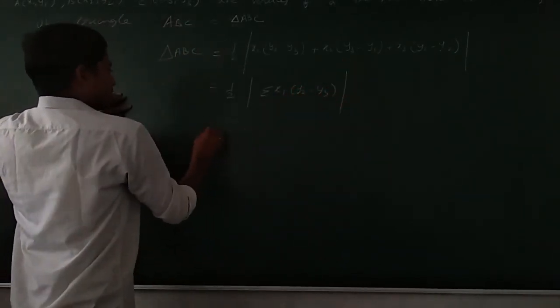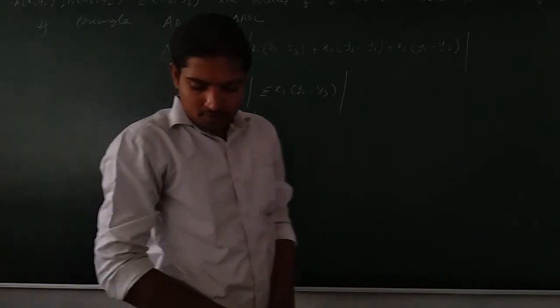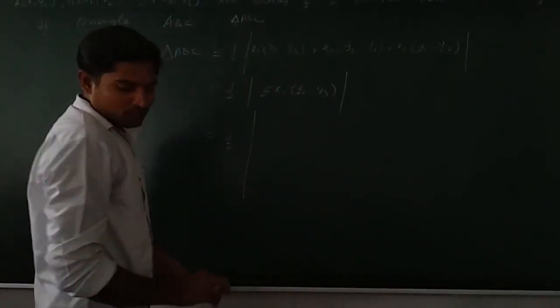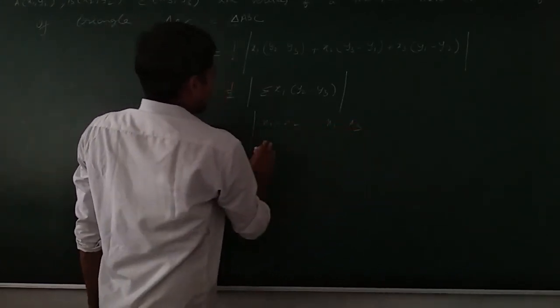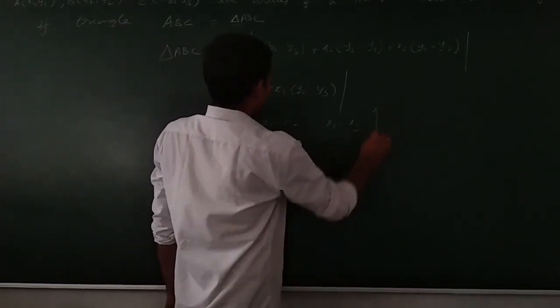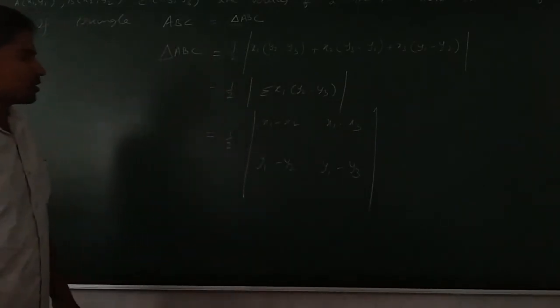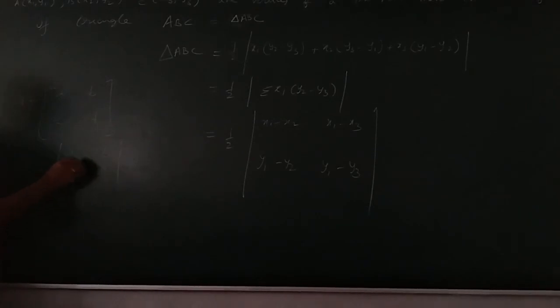Or we have a different formula for this: half modulus of the determinant with rows x1 minus x2, x1 minus x3 and y1 minus y2, y1 minus y3. Here it is a second order determinant. Remember, suppose A is the matrix [a, b; c, d]. Its determinant is ad minus bc.